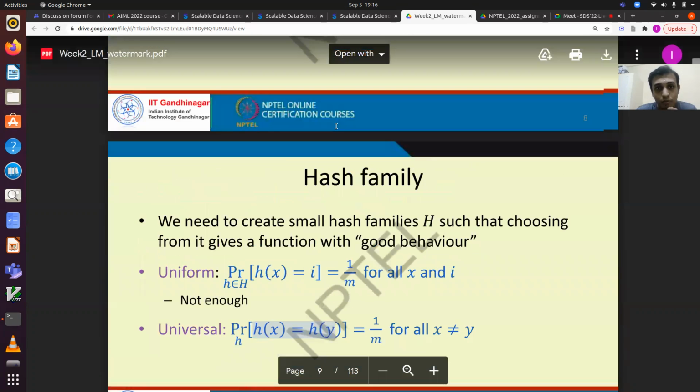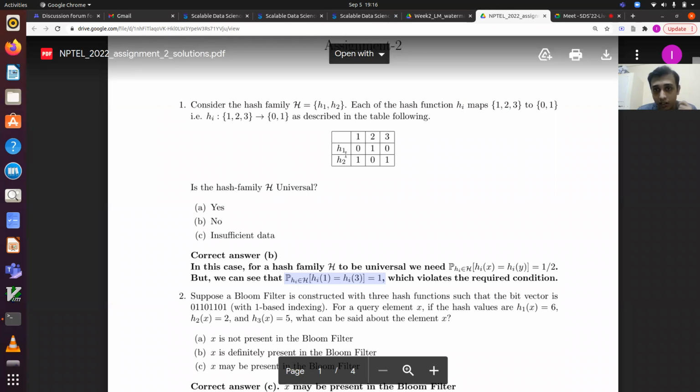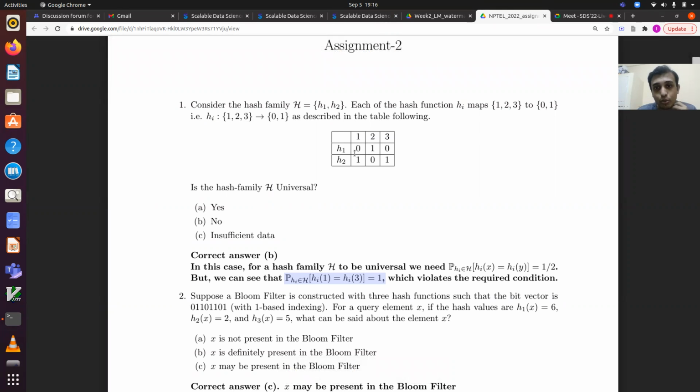For example, here the probability of H1 mapping 1 and 3 to the same position, and H2 also mapping 1 and 3 to the same position, means there is probability one of collision. You don't want that to happen.